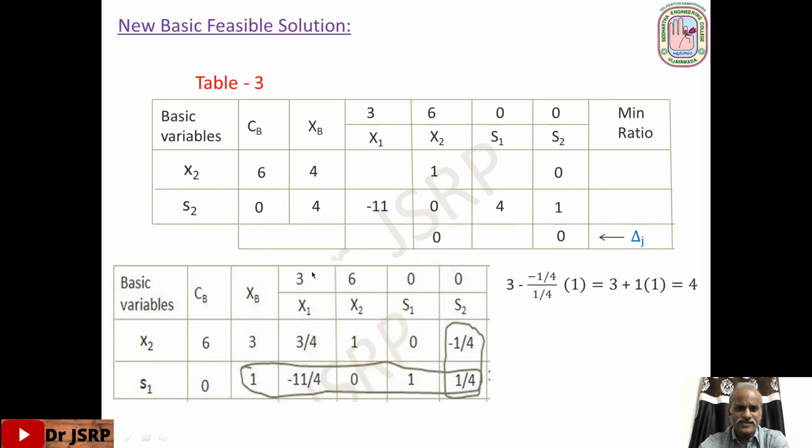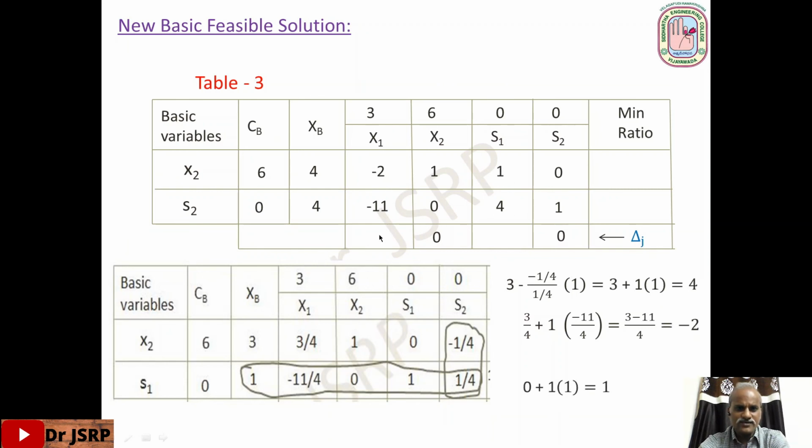To calculate this value, x1 value, present value 3 by 4 plus 1 into the pivot row element minus 11 by 4. Okay, so 3 minus 11 is minus 8 by 4, that is minus 2. For S1, 0 plus 1 into 1, 1.